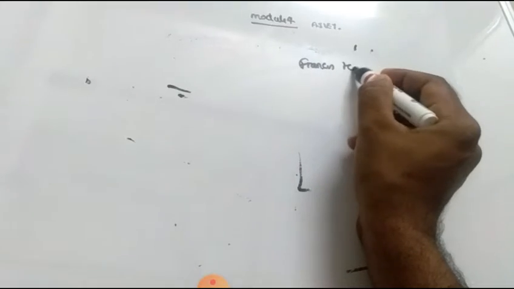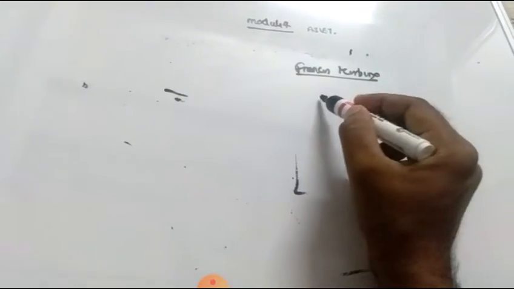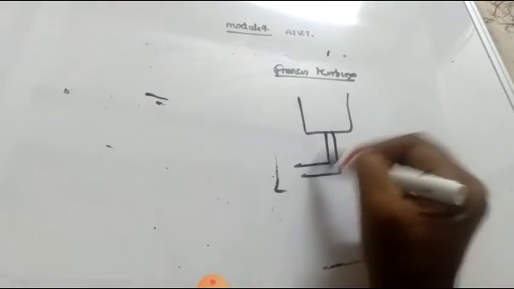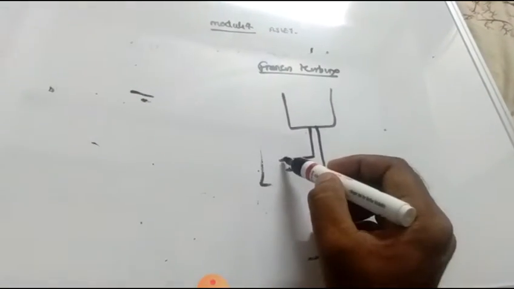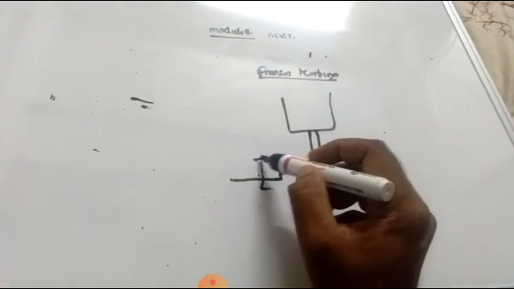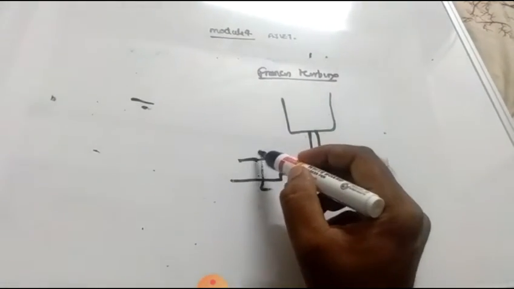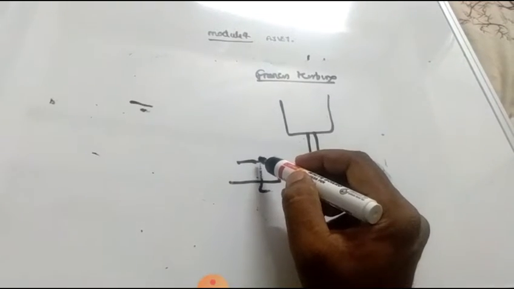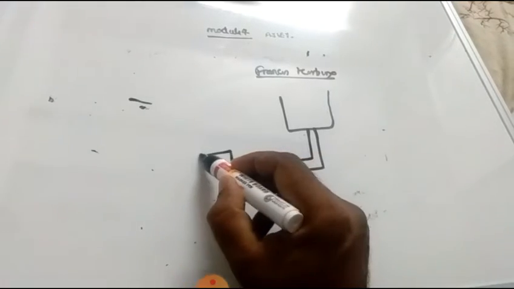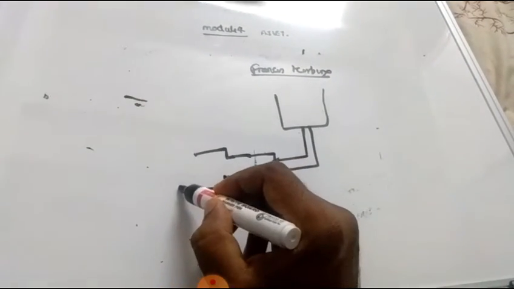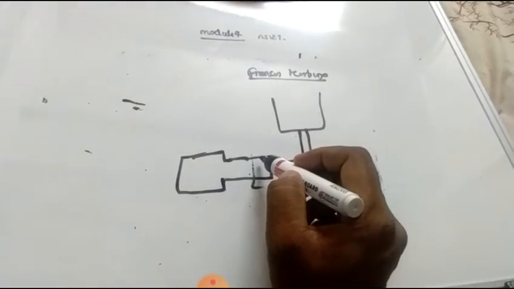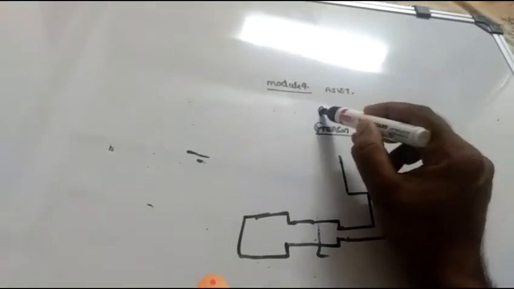Francis turbine. If you have one tank, this is the turbine, and the tank is connected to one turbine. The motor is connected.